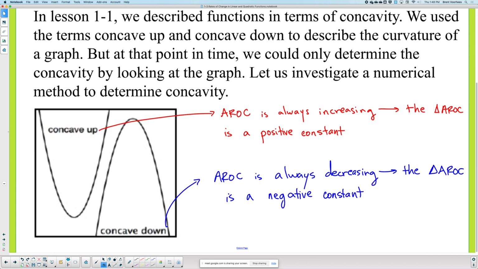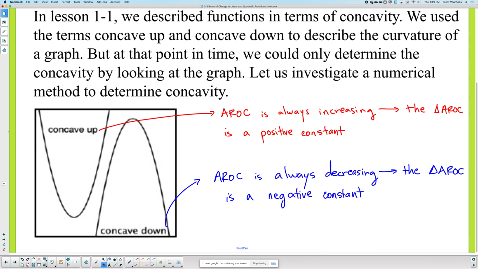And if you're like, well, what if the change in the AROC is 0? That means it doesn't have concavity at all because it's a line. If the change in the AROC is 0, it's a line, and a line is not concave up or concave down. It has no concavity. Should we write that in? Yes.